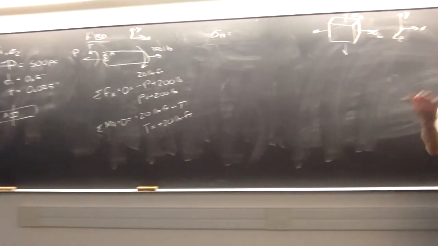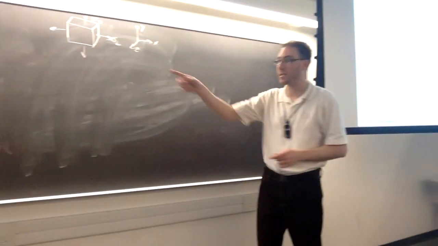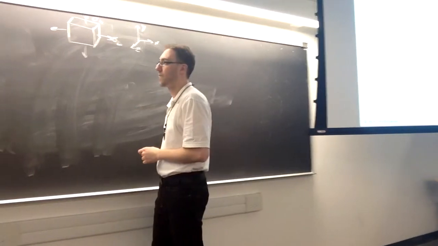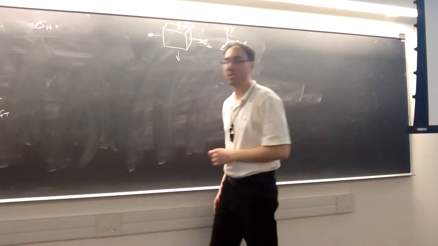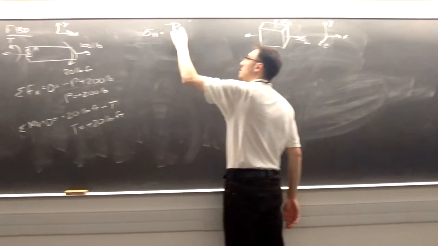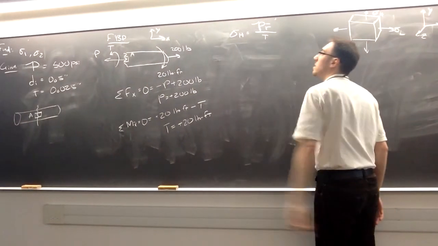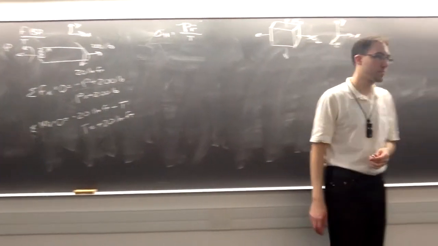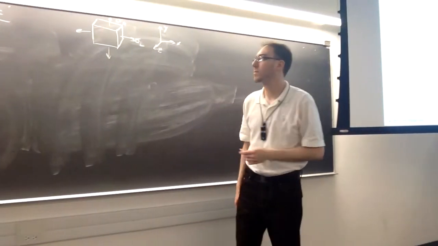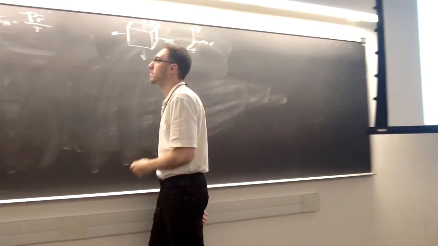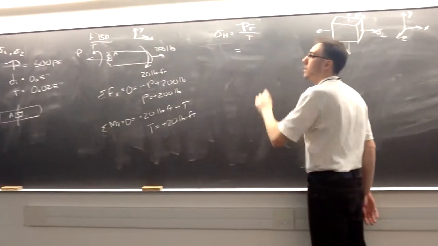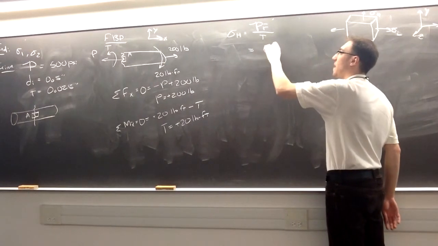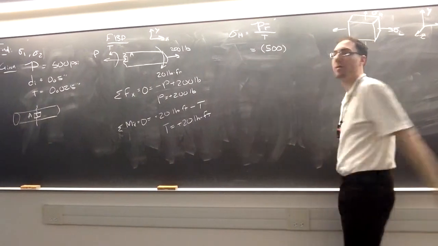So right, the longitudinal is always half as much as the hoop because this is a cylindrical pressure vessel here. And the hoop stress, we're going to use the pressure times the mean radius over T. So we had internal pressure 500 psi, so we're in pounds and inches.